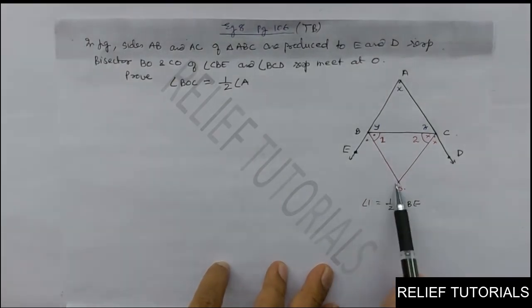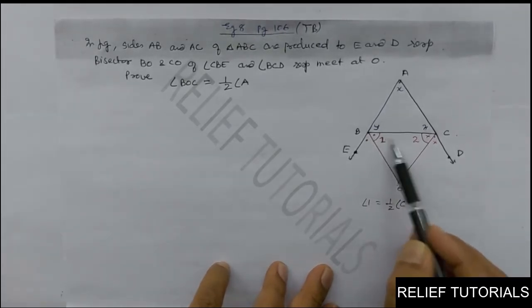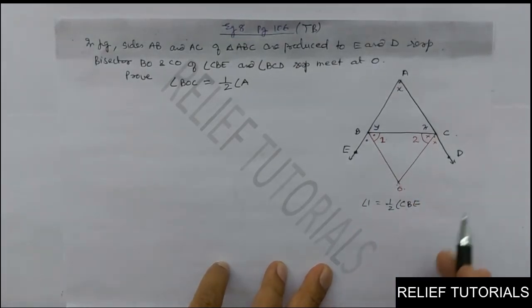Actually, see this red color line BO is bisector of angle CBE. This whole angle is the bisector of angle CBE. So angle 1 is equal to half of CBE. Now you look at CBE. See here, I will draw the diagram. What we got? CBE, and this is A. See here, the CBE.